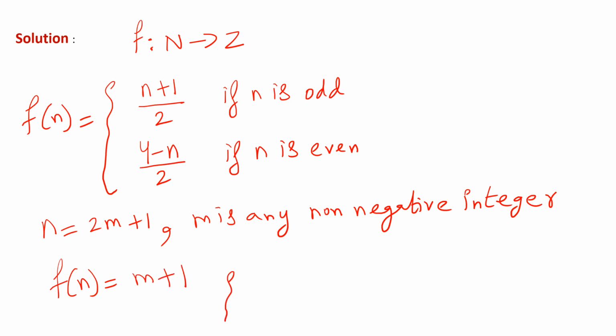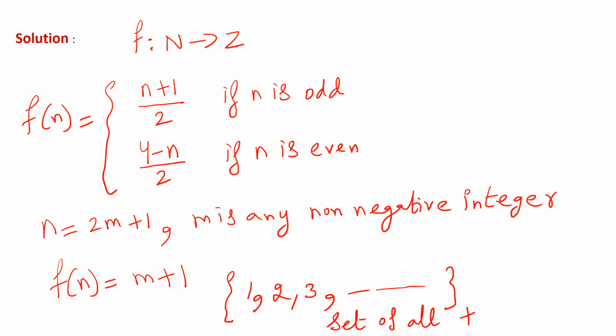So that means the set of all possible values of f of n in this case is going to be 1, 2, 3, and so on. That means it is going to be the set of all positive integers.